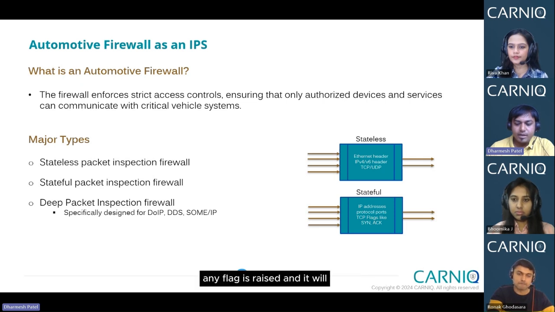If any flag is raised and it detects that something is not going according to the settings, it will block that particular data from being processed further. So it basically prevents this kind of attack, whereas IDS will just alert the user, and then it is the user's responsibility what to do with it, whether to provide a fix in future, analyze it, drop it, or pass it. That's up to the user. But for prevention, we are preventing that.